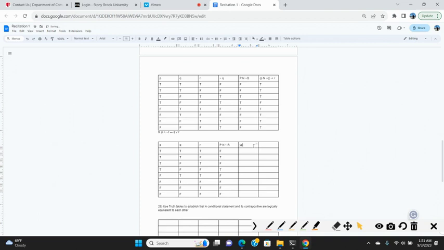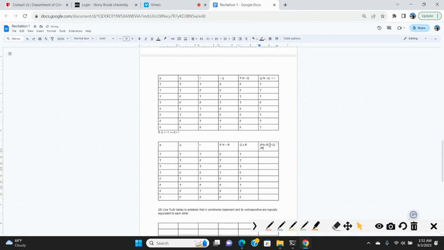So then we have Q or R, and one of these has to be true for it to be true. So true, true, true, true, true, true, and F, F. And so then we have P and R implies Q or R. So basically, it's this column implies this column.